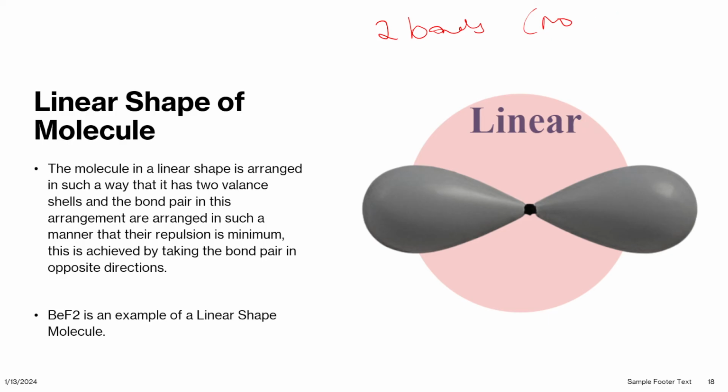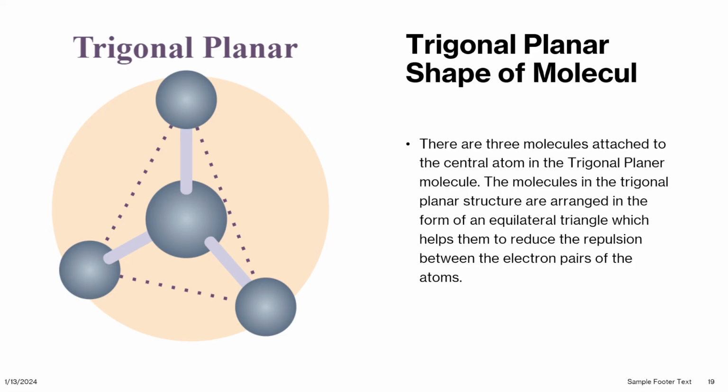So it tends to have that straight geometry. An example is beryllium difluoride, a wonderful example there. So it tends to be linear. I want to show you guys a simulation of these molecules.